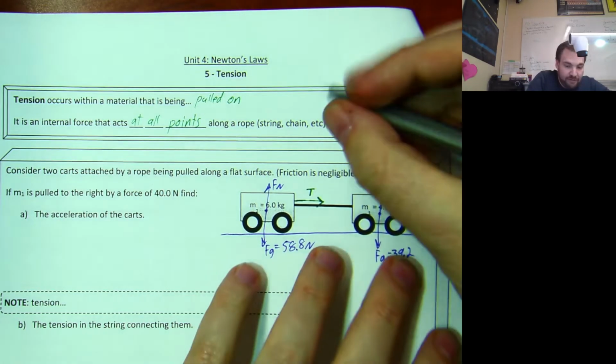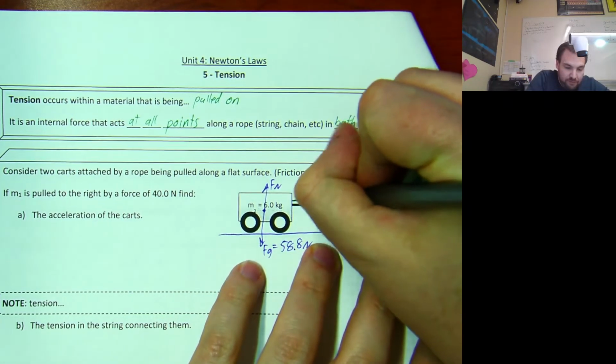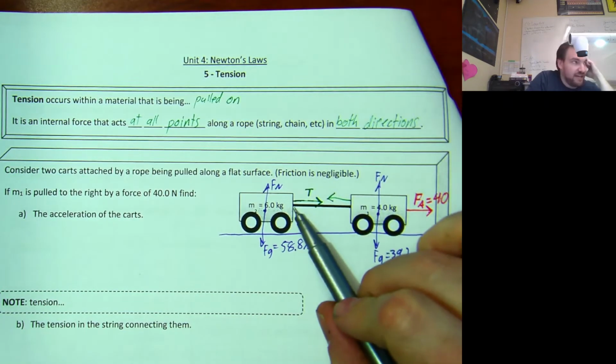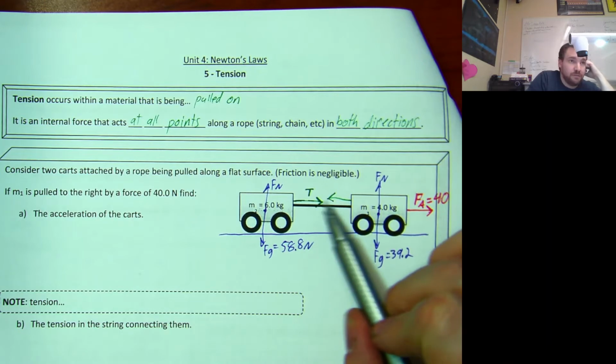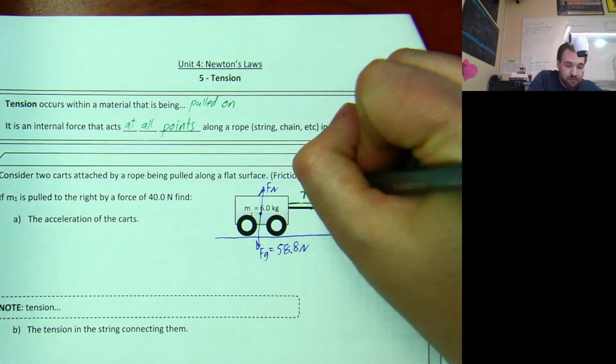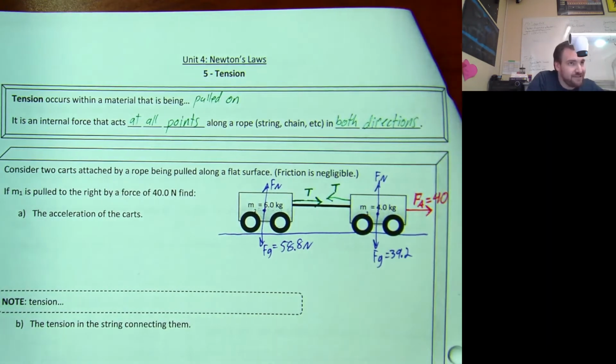It's going to the left. And because this is the same rope everywhere along the rope, what do you know about these two tensions? Gotta be equal. So I can call, I don't know what it is, but I can call it T in both cases using the same variable because it's the same tension. If I had multiple ropes, I'd have to label them T1, T2, T3 for as many ropes as I have. But for this one, there's one rope, there's only one tension.